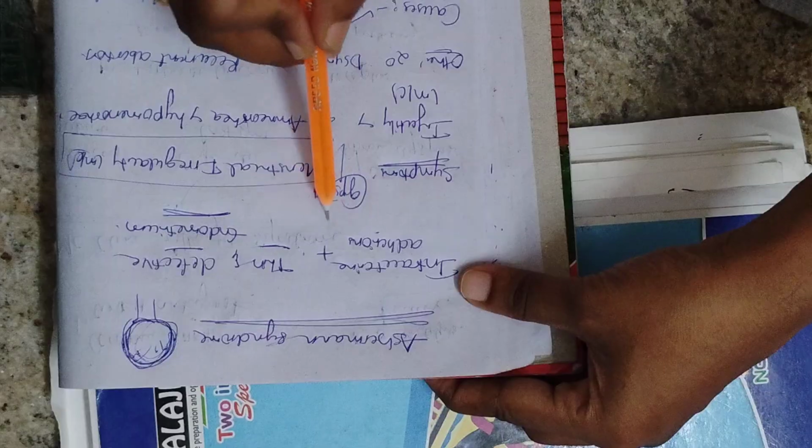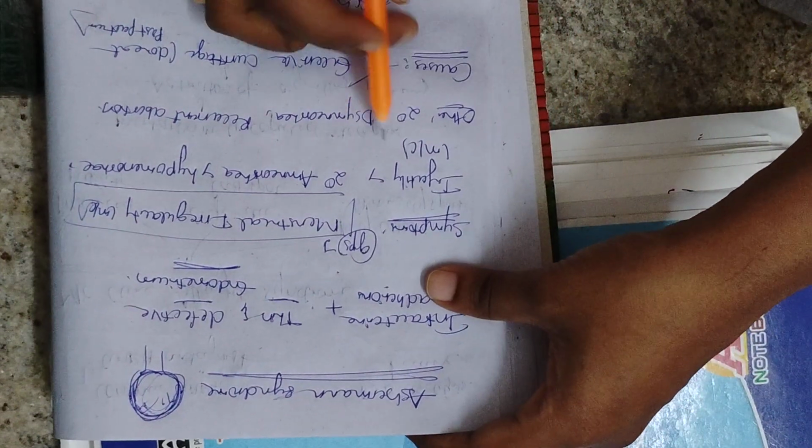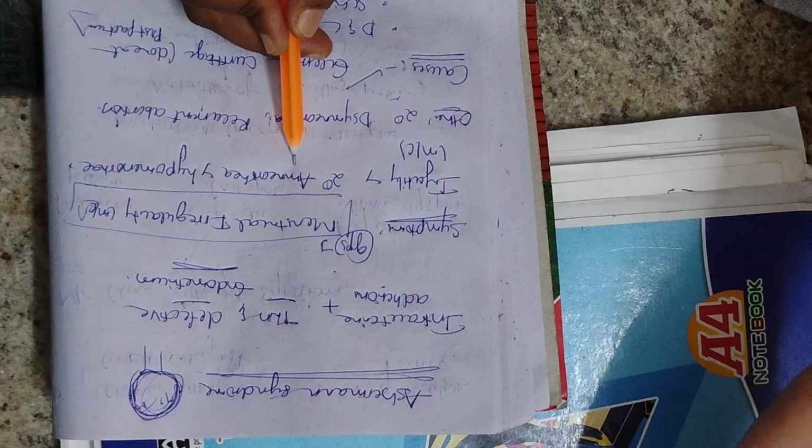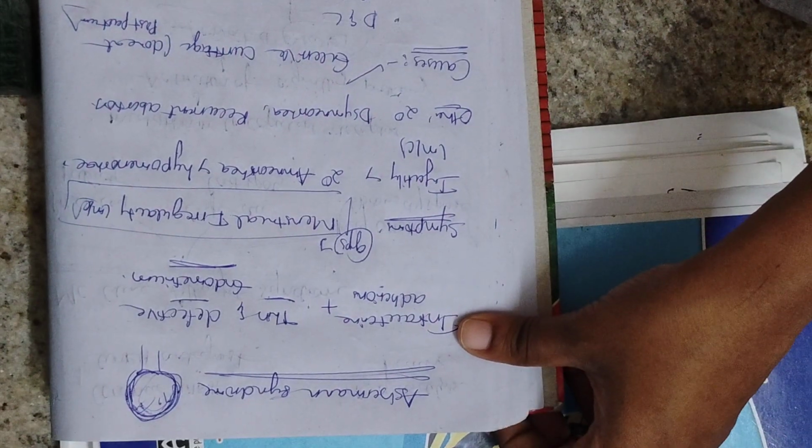Asherman means intrauterine adhesions and thin and defective endometrium. Not only secondary amenorrhea, dysmenorrhea and recurrent abortions will also take place in Asherman syndrome.